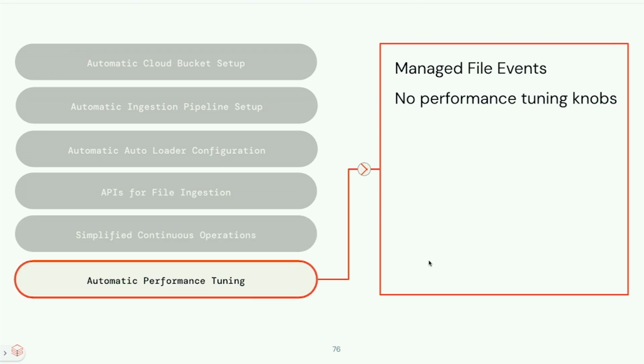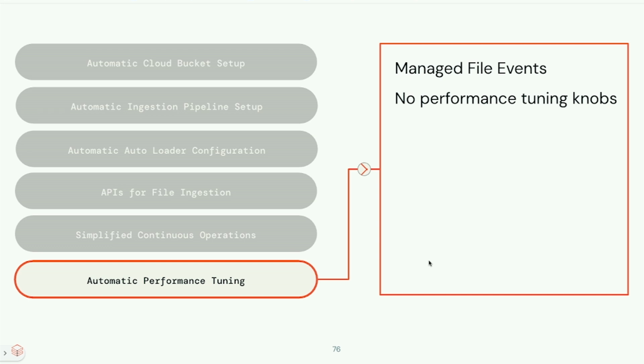And of course, last but not least, performance tuning. As I mentioned already, we automatically configure and manage file events to get the best file discovery performance. We also want to automate and make the managed file connector work and provide good performance out of the box, with minimal, ideally no, configuration knobs.